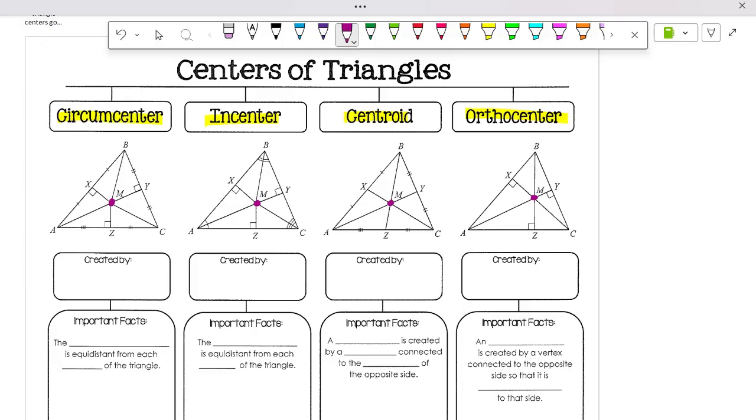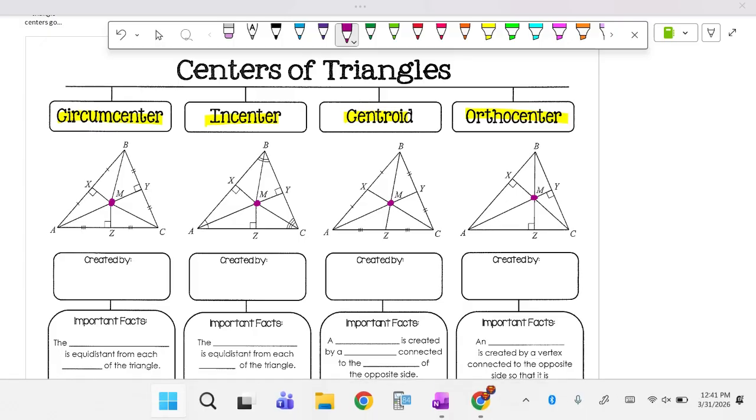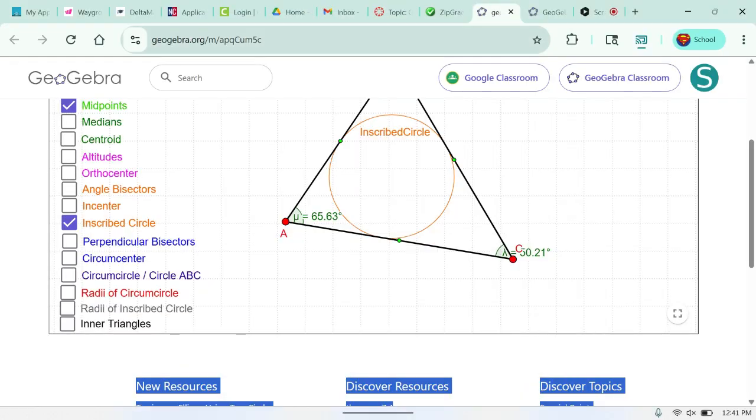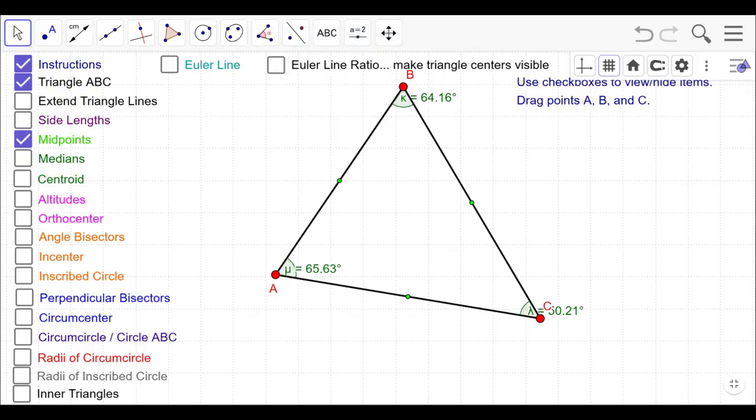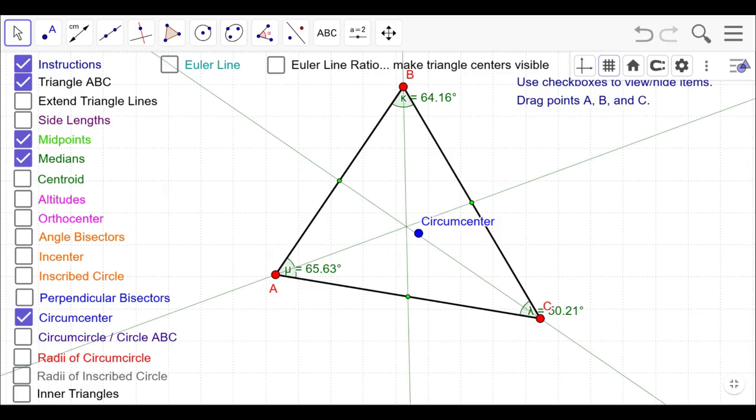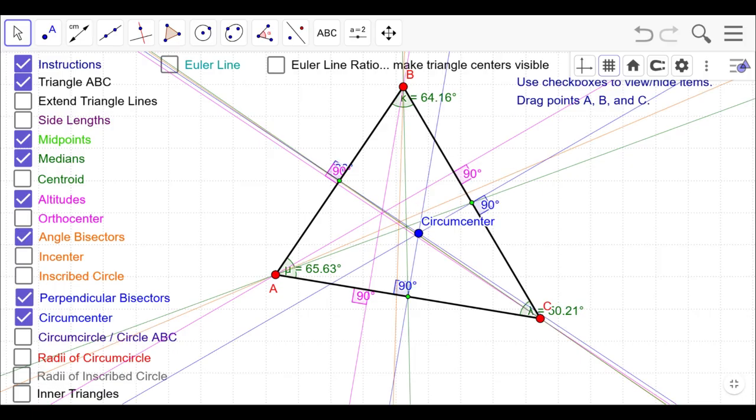The first one is circumcenter. I'm going to show you what this looks like on here. You don't have to do this, but I'm going to click the circumcenter. I'm also going to click the 4 different lines that they create: the medians, the altitudes, the angle bisectors, and the perpendicular bisectors.